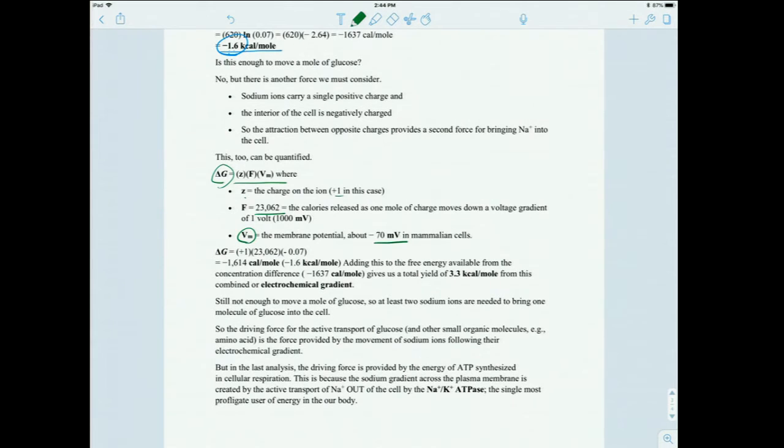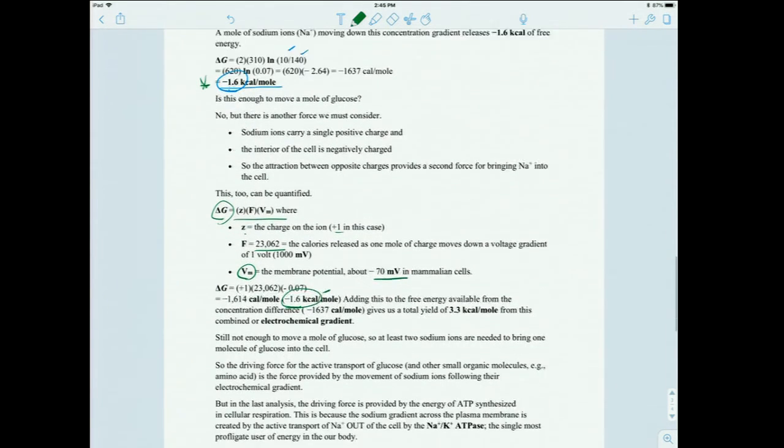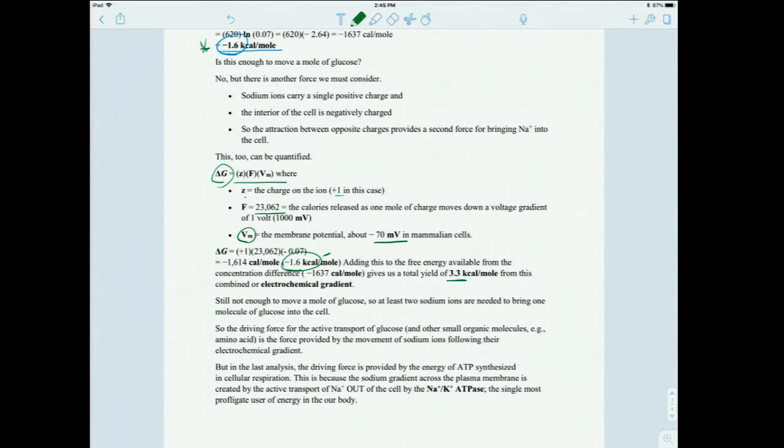So I can plug that in there and calculate it, and I find out that I am going to be releasing minus 1.6 kilocalories per mole every time a plus 1 goes down to inside the cell, because it's attracting. So I can add this energy plus my other energy going down its concentration gradient, and I'm going to get now a total yield of 3.3 kilocalories per mole.